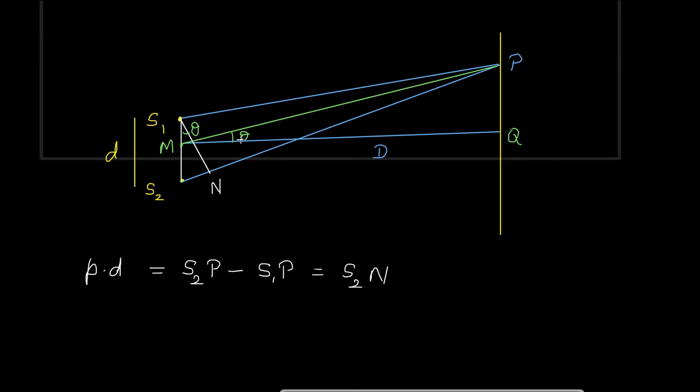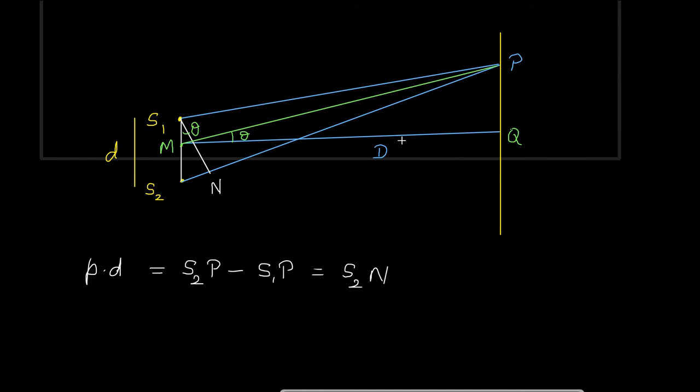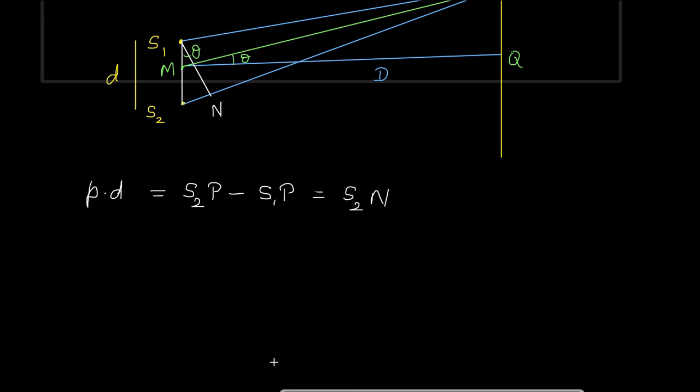Now we take an approximation that the distance small d is extremely smaller compared to capital D. P is very close to Q, or QP is a negligible distance. Hence, the distance S1P equals NP. So we write the distance S1P equal to NP.